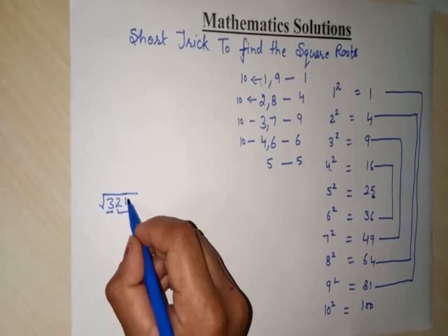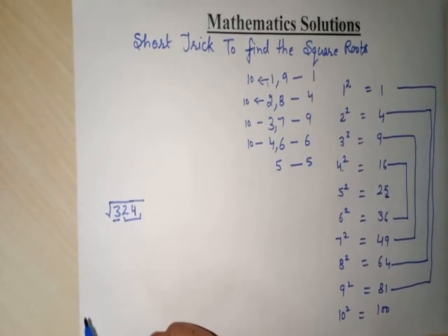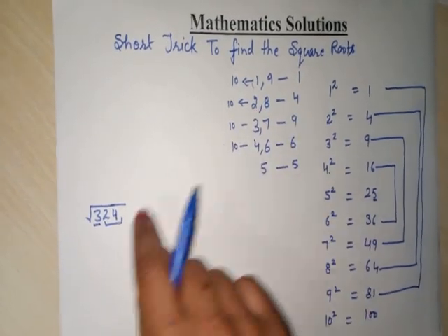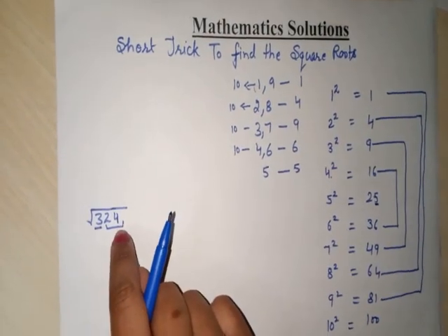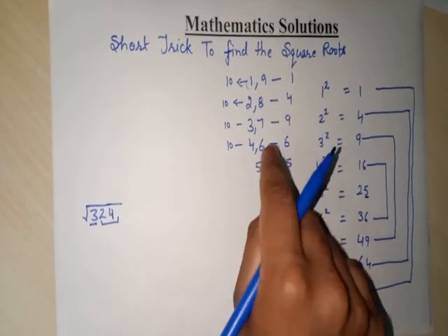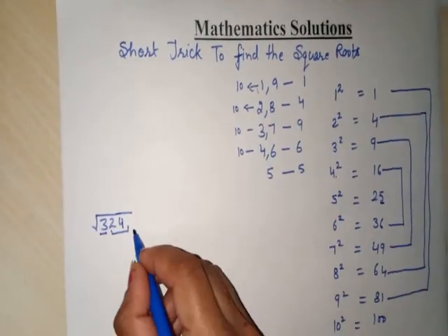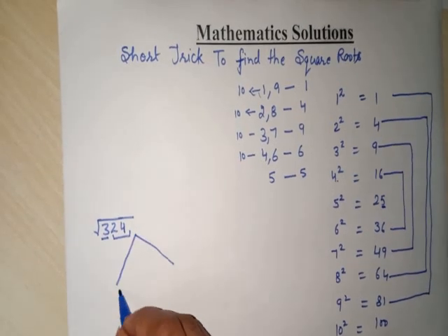Here you can see that 4 is the unit digit, and we know that 4 occurs as a unit digit only in the square of 2 and 8. Therefore, the square root of this number will also end in 2 or 8. So we write both 2 and 8 here.